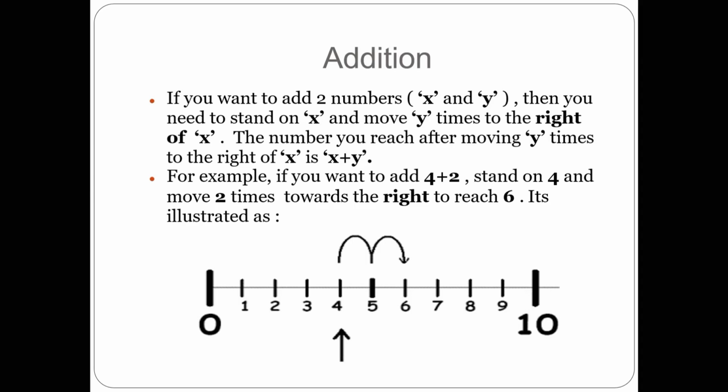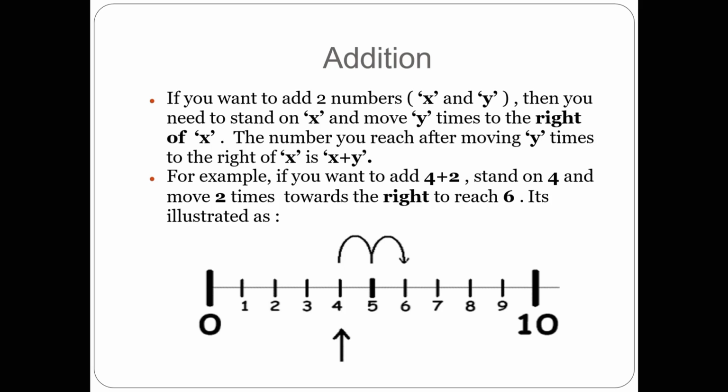You see one by one. First is addition. If you want to add two numbers x and y, then you need to stand on x and move y times to the right of x. The number you reach after moving y times to the right of x is x plus y.